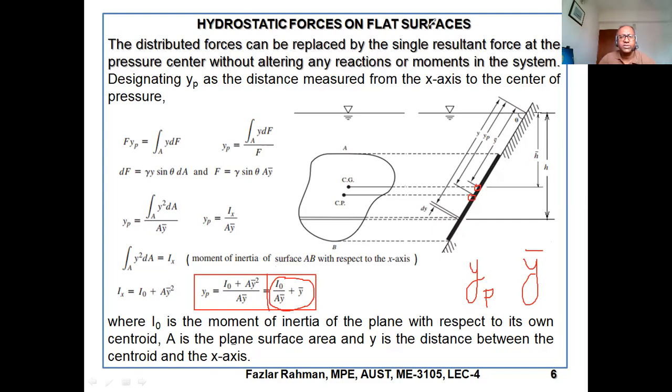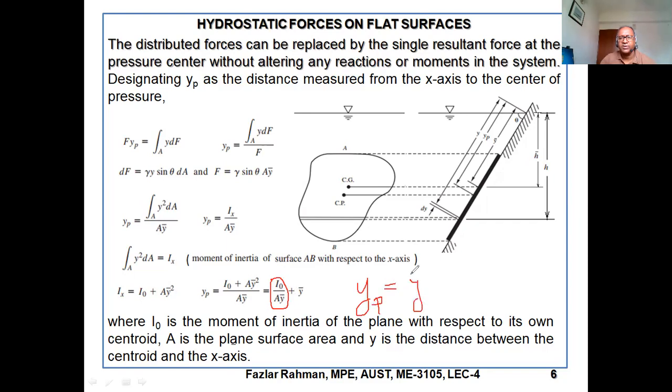From the equation you see, inertia cannot be zero, area cannot be zero, distance of CG cannot be zero. So this term has some value. If this is zero, then you are getting Yp equal to y bar. But this cannot be zero. This is a positive value. So always you see Yp is greater than y bar. Okay.